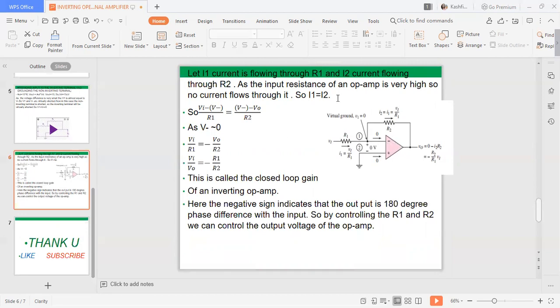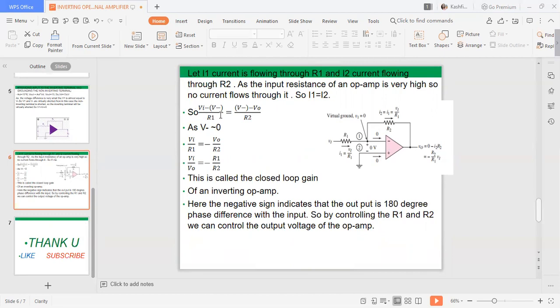So I1 equals I2. Now if we write the KCL equation, then we will see that I1 equals VI, that is the input voltage, minus V minus, that is the inverting terminal voltage, divided by R1, equals V minus minus V output, that is the output voltage, divided by R2. Now we know that V minus is almost 0.